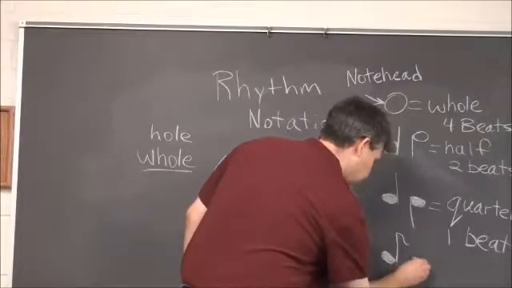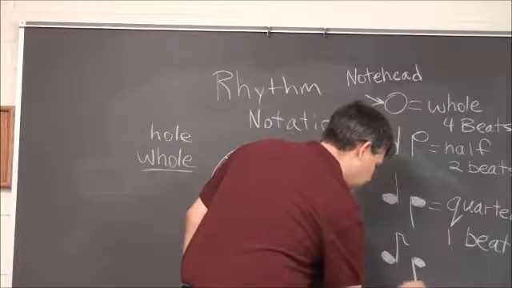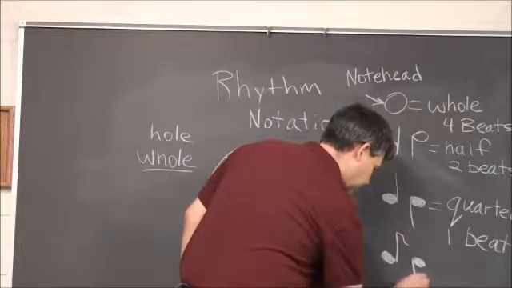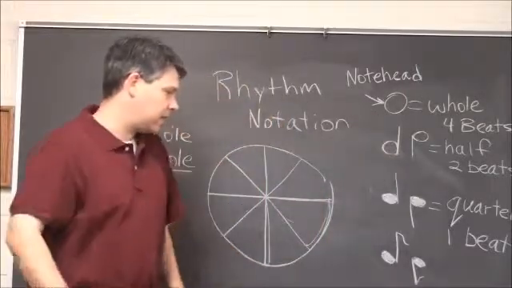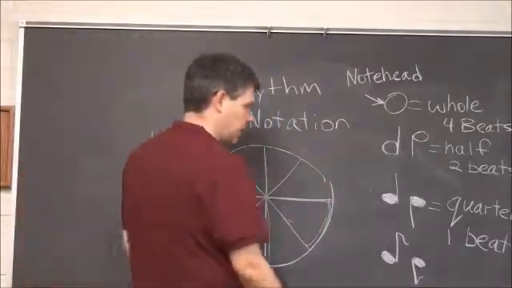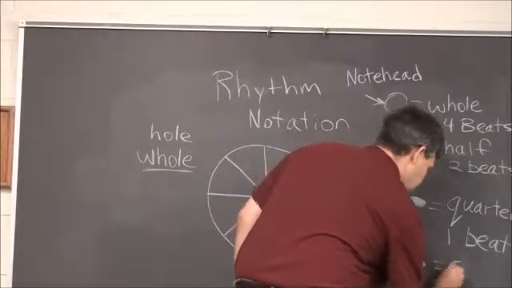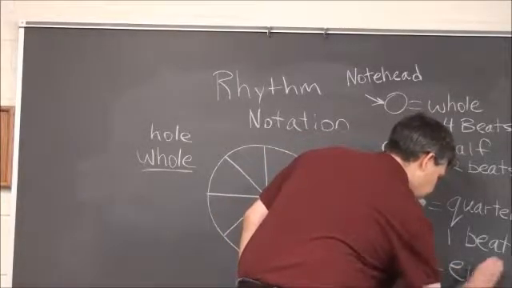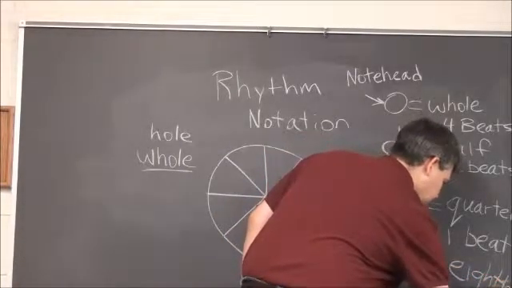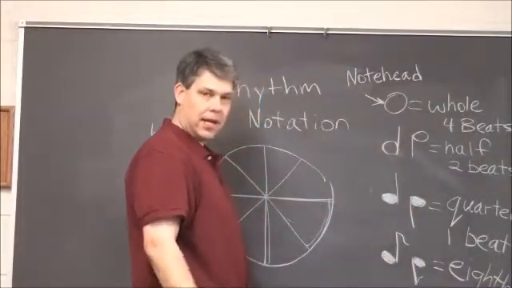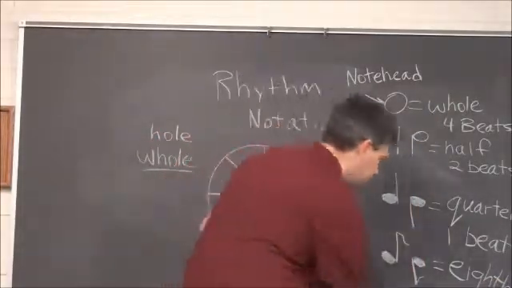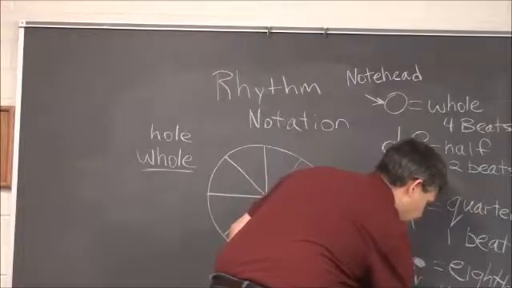And the opposite is true with the stem going down, except the flag goes on the inside now instead of on the outside. So this is an 1/8 note, E-I-G-H-T-H. And it gets half of 1, which is a half beat.